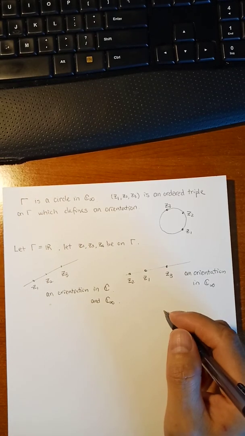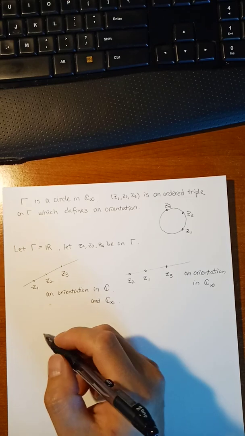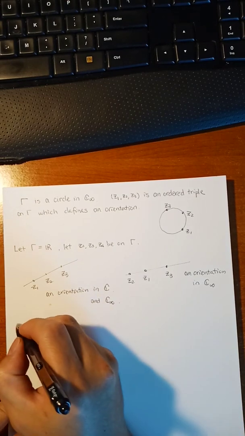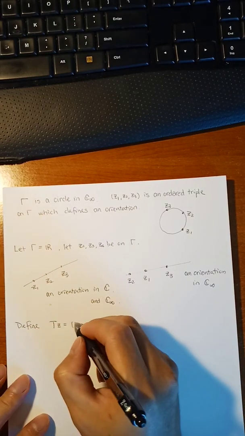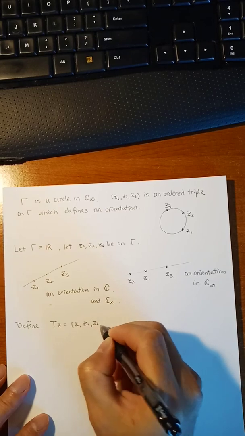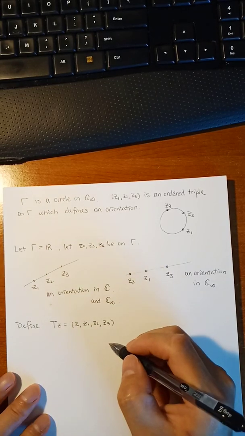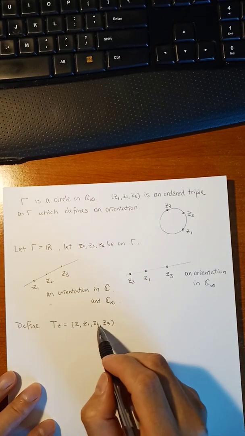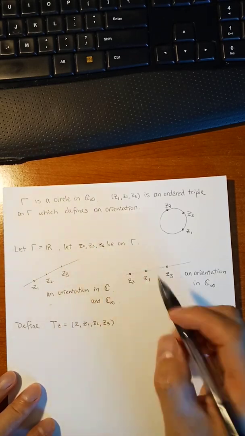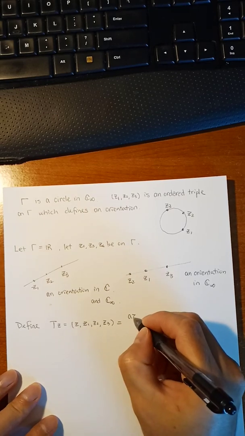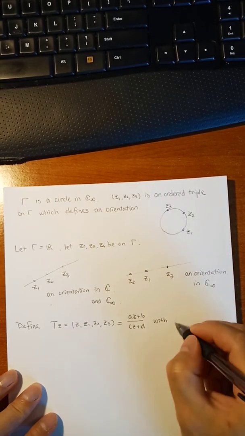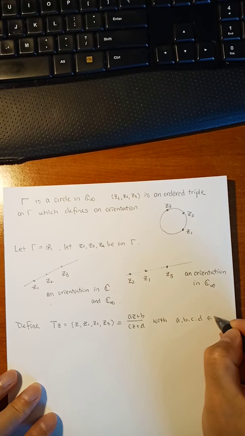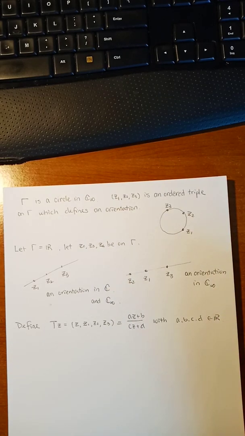Okay, now we know that if we have the cross ratio, define T of Z to be the cross ratio of Z, Z1, Z2, and Z3, and Z1, Z2, Z3 are all real numbers, then it is (AZ + B) over (CZ + D) with A, B, C, D all real.